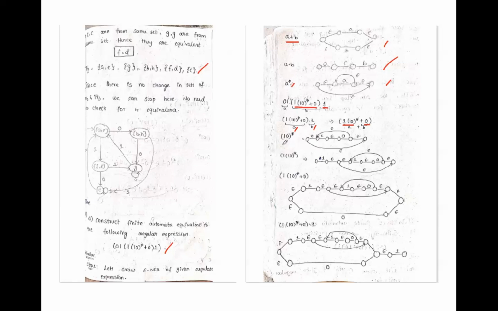So first I'm taking (1 0)* and the notation we use here is the third one. As we are having two input symbols, you need to apply this rule by placing two input symbols in two separate paths. After this, we are multiplying this value with 1.